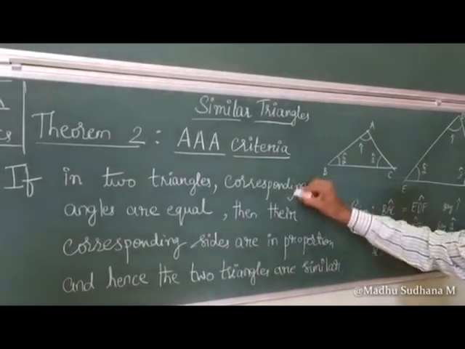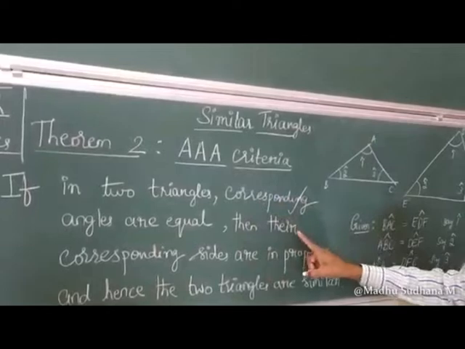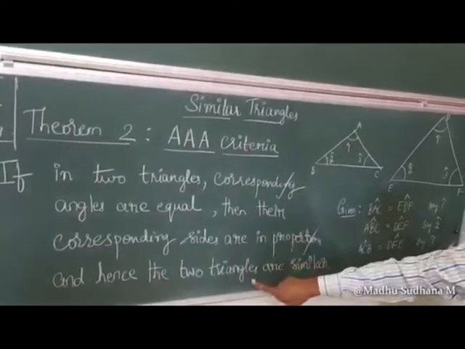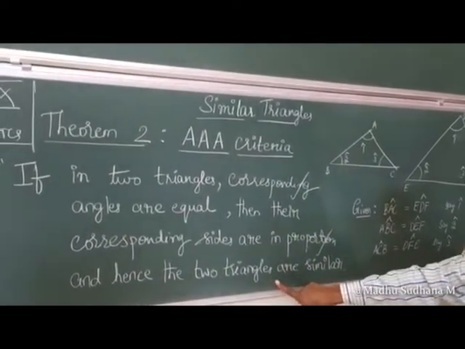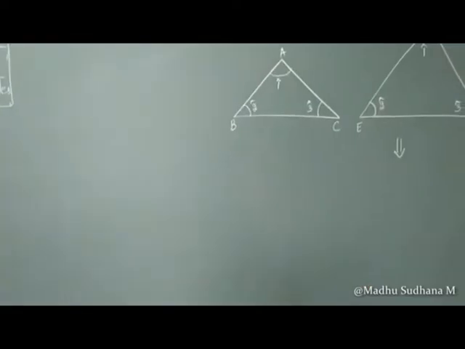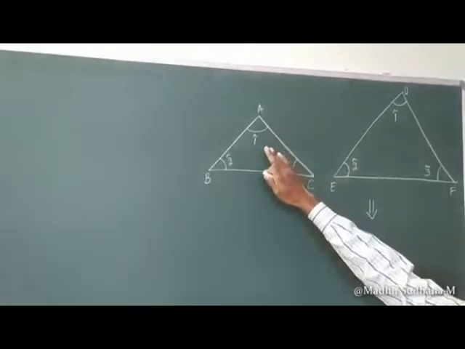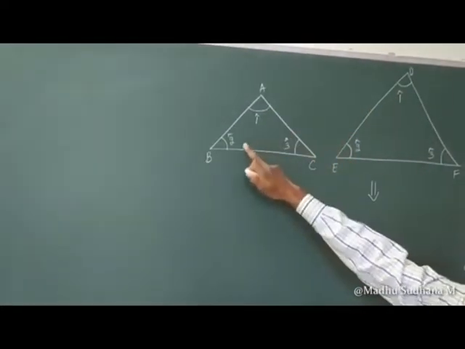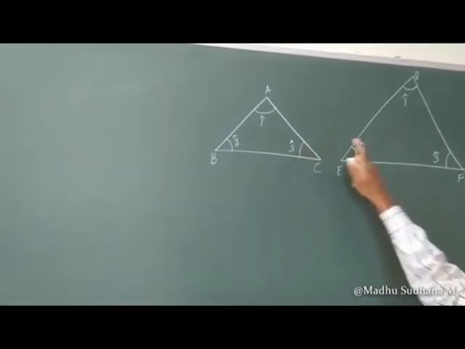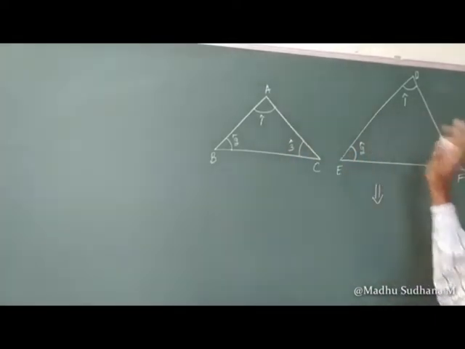Only when these two conditions are met, corresponding angles being equal and corresponding sides in proportion, it is understood that the two triangles are similar. So we have these two diagrams here. We need to prove that when the corresponding angles are equal, the corresponding sides are proportional.